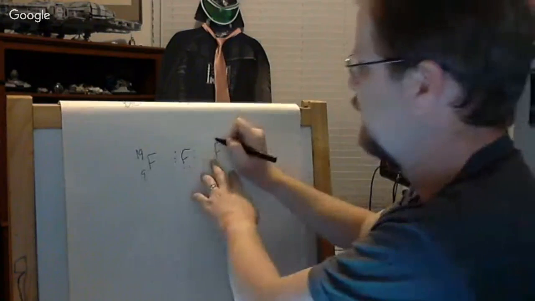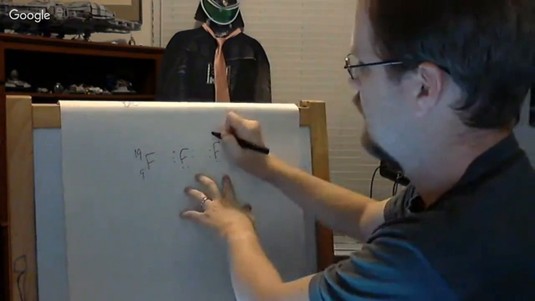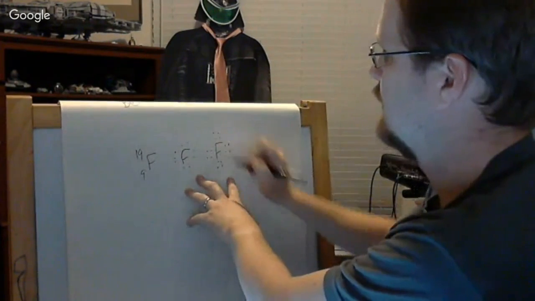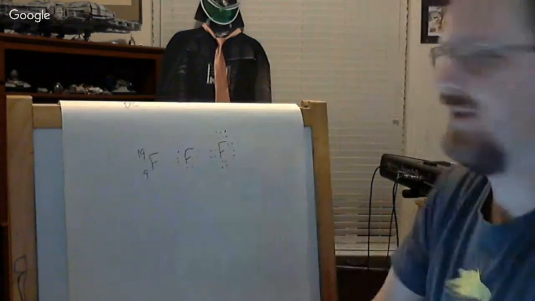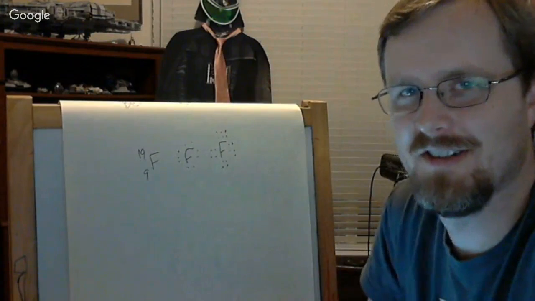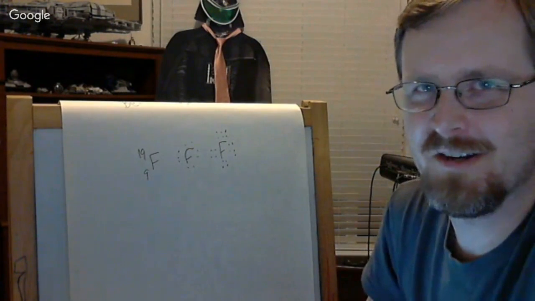Okay? Another mistake that I have seen is this one. So 1, 2, 3, 4, 5, 6, 7, 8, 9, 10, 11, 12, 13, 14, 15, 16, 17, 18, 19. There are 19 dots surrounding this symbol. And why do you think they did 19 dots here?